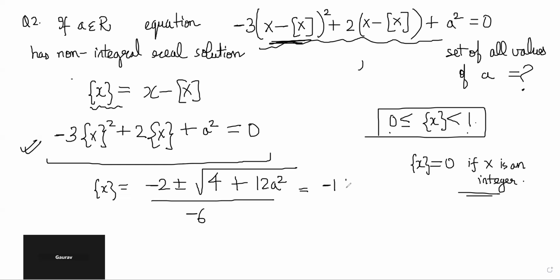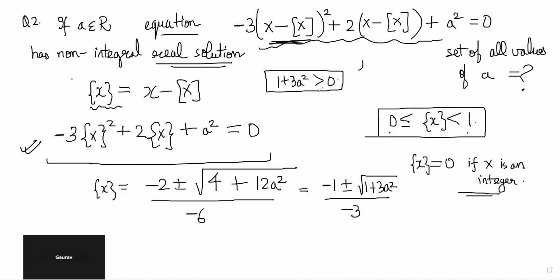You'll get minus 1 plus minus root over 1 plus 3a square divided by minus 3, right? Now, obviously, first of all, we have to say that the equation has a real solution. So 1 plus 3a square is greater than 0. That is obvious, it will be greater than 0, so there's no issue there.